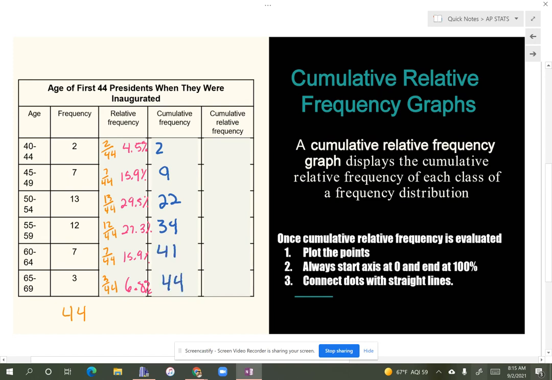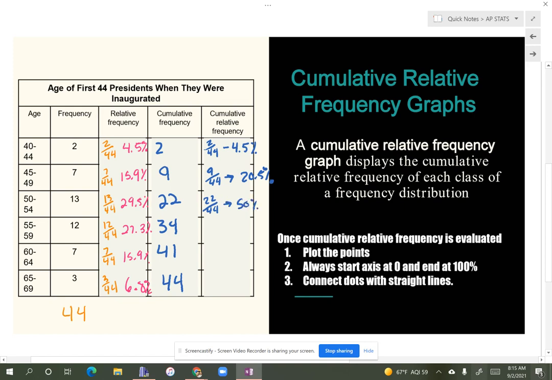So the cumulative relative frequency is the same thing we did with the relative frequency except we use our cumulative numbers. So this time it would be the same thing, 2 out of 44, which is 4.5%. Then we would use the 9 out of 44, which is going to give us 20.5%. And then the 22 out of 44, that's exactly 50%.